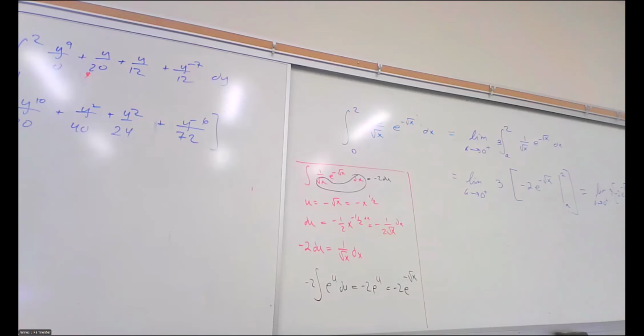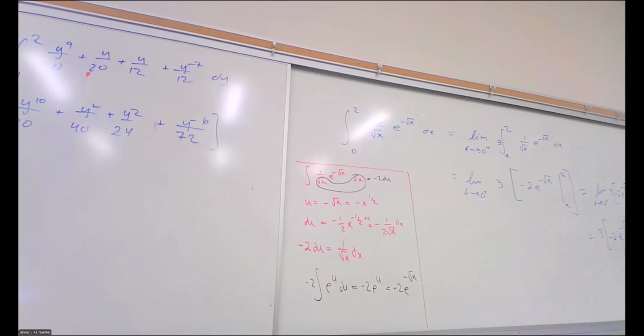And then we let a go to 0. In this case, that means you can just plug in 0 for a, because the square root of 0 is 0 and e to the 0 is 1. So we end up getting 3 times negative 2 e to the negative square root of 2 plus 2 times e to the 0.